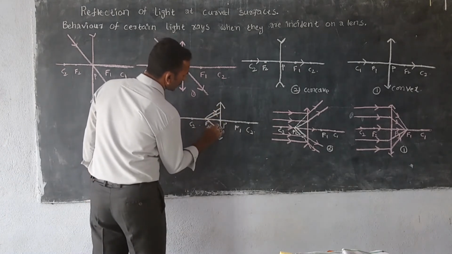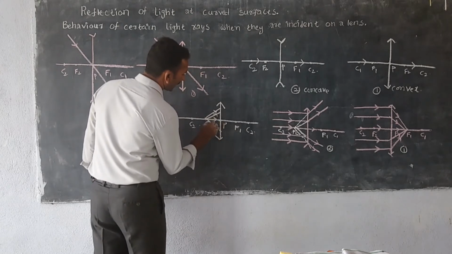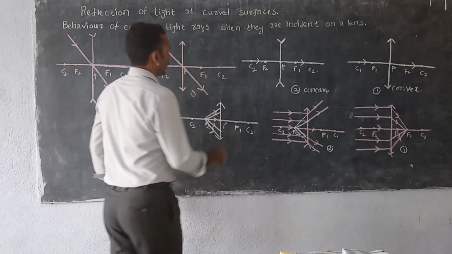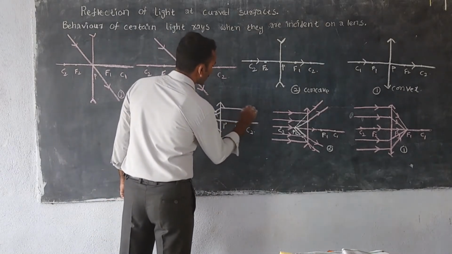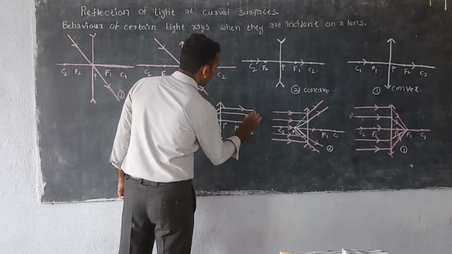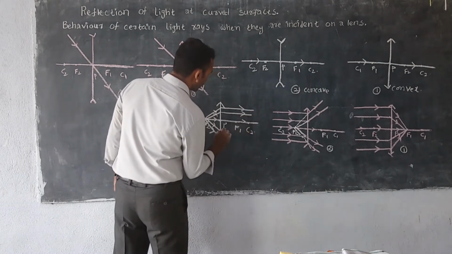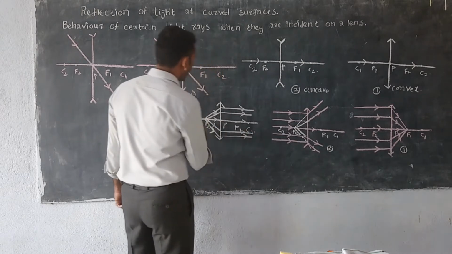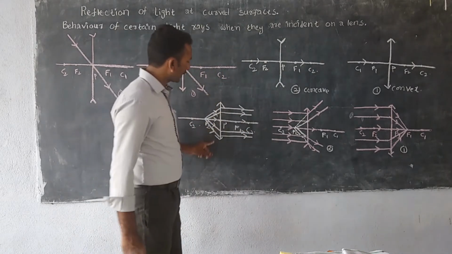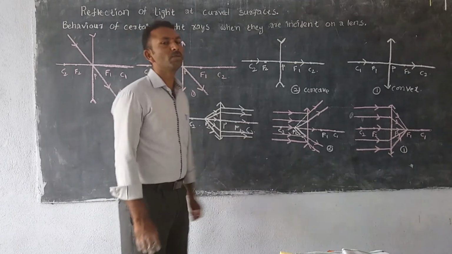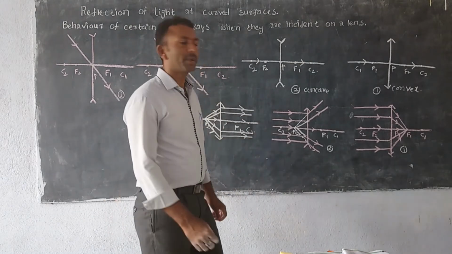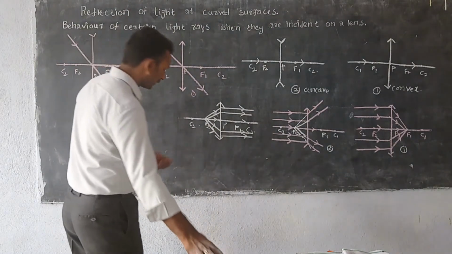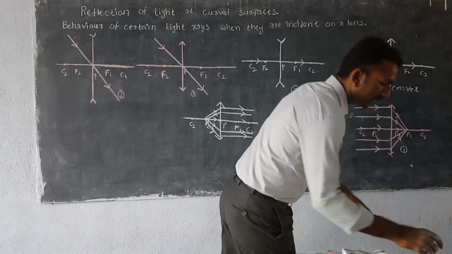The light rays going through the focal point, what will happen? Let us find out. After incidence on the lens, the light rays are going parallel to the principal axis. If any light ray going from the focal point is incident on the convex lens, it will pass parallel to the principal axis.